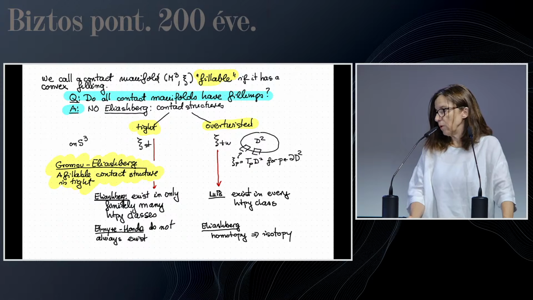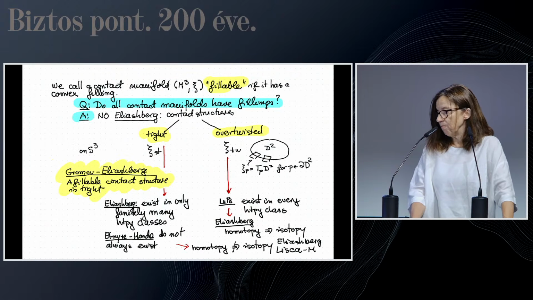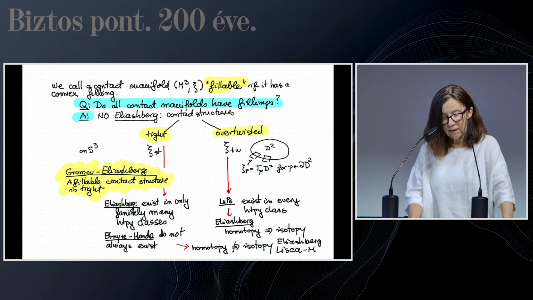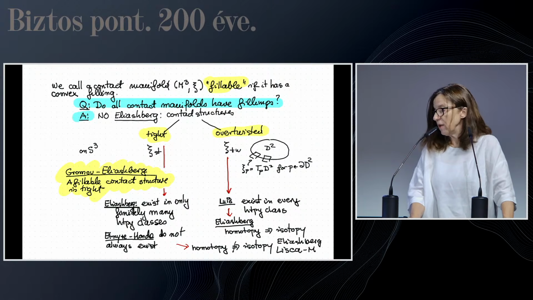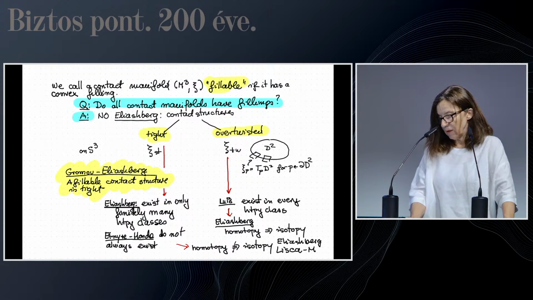And Eliashberg showed that homotopy implies isotopy for overtwisted contact structures, but that it doesn't imply it for tight contact structures, by producing examples on the 3-torus, and then Lisca and I produced some examples on homology spheres.